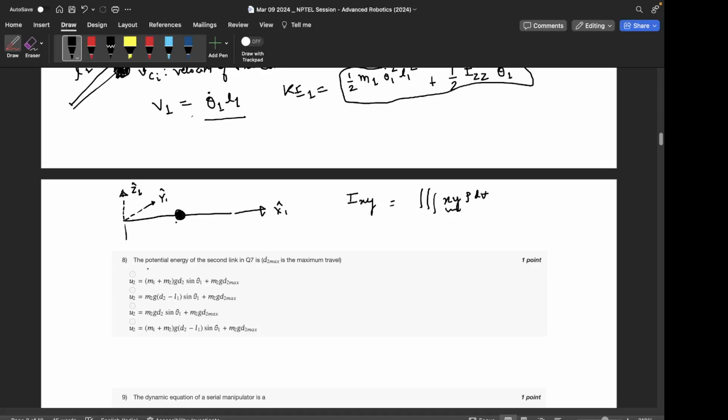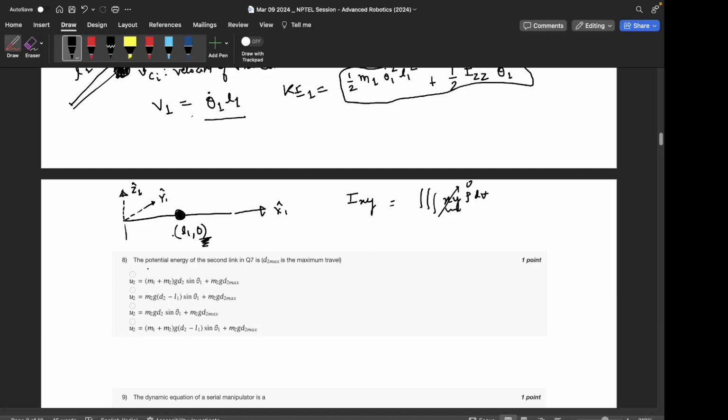So it's a point mass. It's just denoted for extended purpose, but it's a point mass, and its coordinate is L1 comma 0, right? So the y coordinate is 0 always. So this term will always vanish.